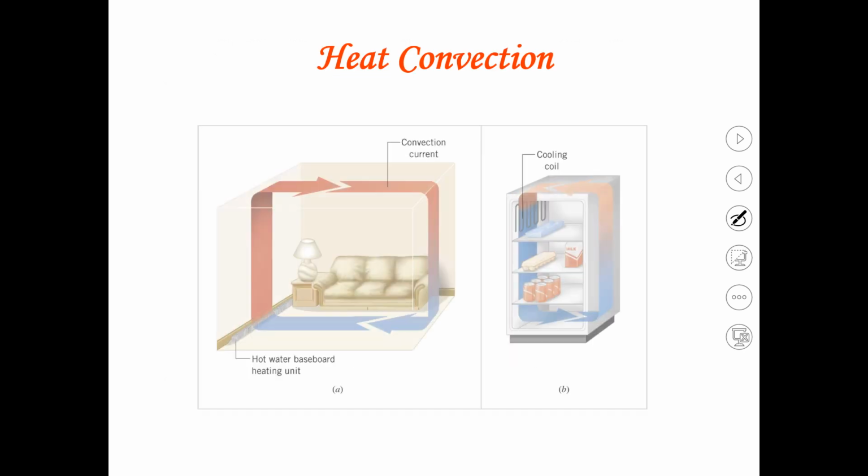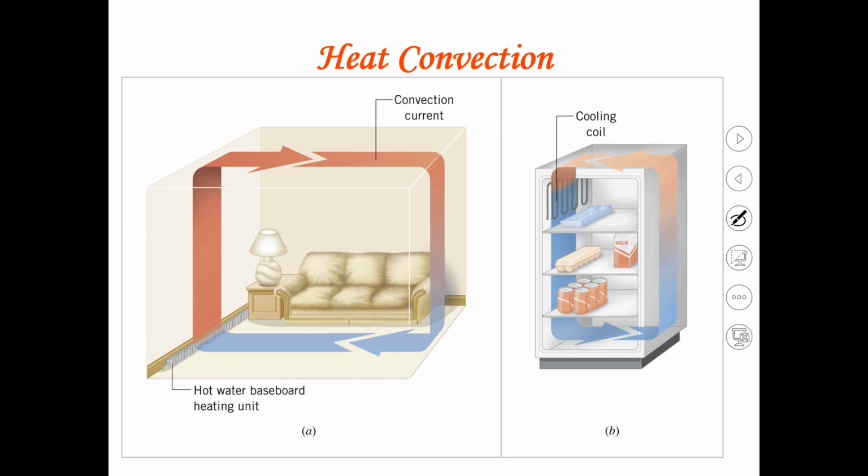Heat convection, for example, in your home and in the freezer. For example, convection current, when somebody prepares some insulation on the outside of the building, but inside they are building the convection current.